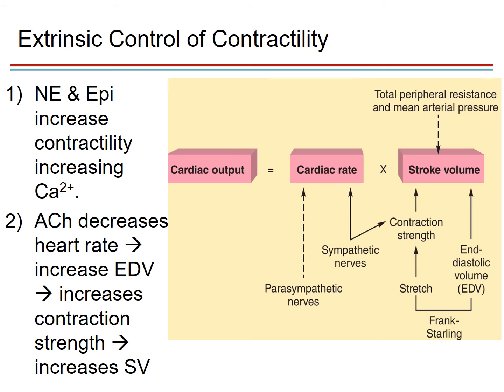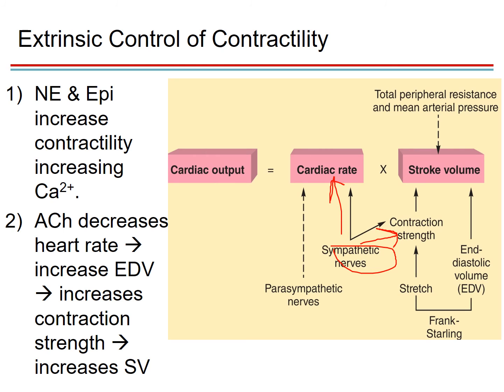So if you remember from earlier, where norepinephrine and epinephrine have a positive chronotropic effect, they also have a positive inotropic effect, where the calcium available is increased from the sarcomeres. And so again, this increases heart rate. And so here we have sympathetic nerves that are going to increase our cardiac rate. So again, that positive chronotropic effect. But it also has an increase then in contractile strength of that ventricle.